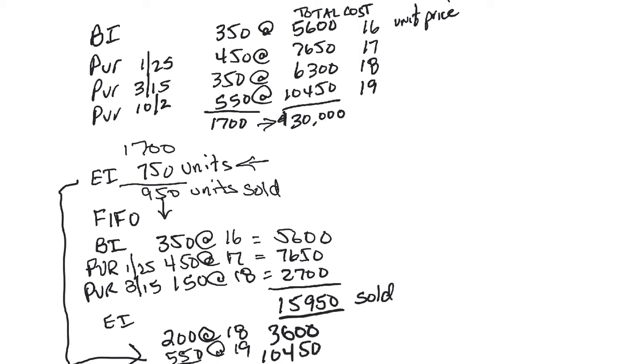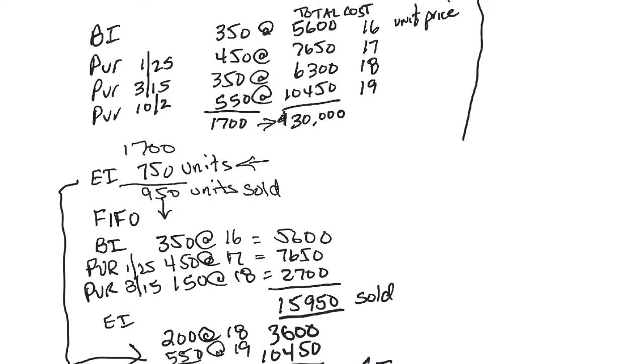If I add those two together, it's equal to $14,050. So that's my ending inventory, and that's what they were looking for under FIFO.